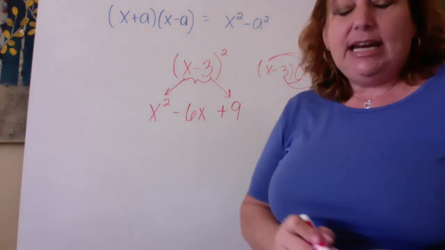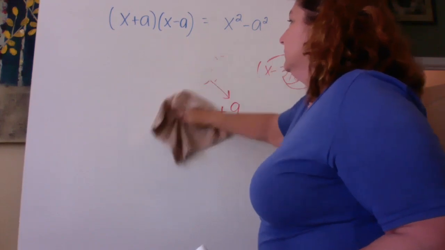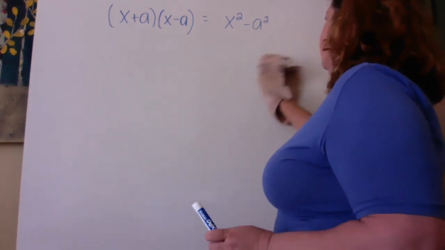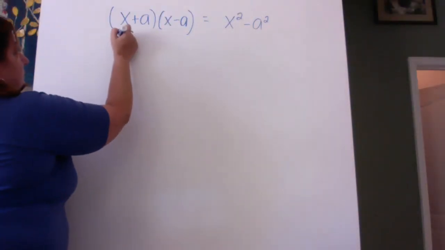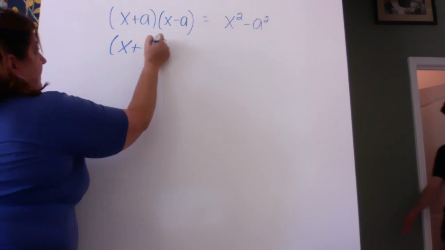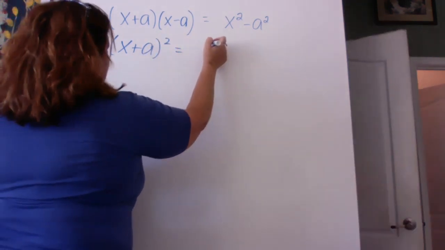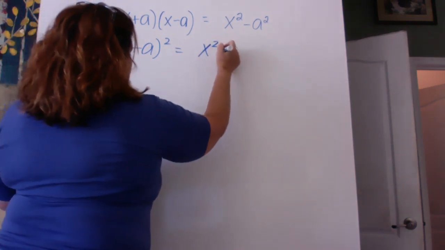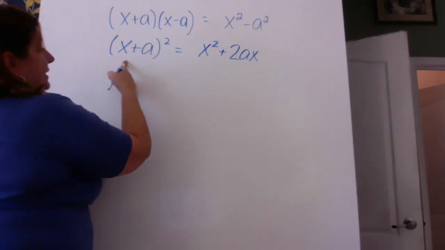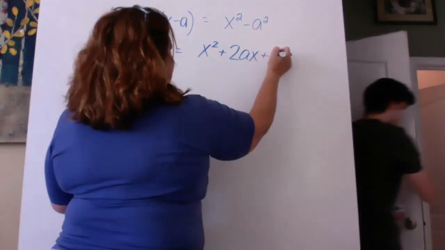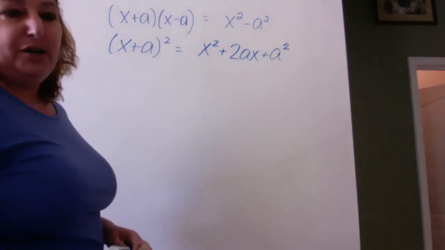Okay, so that's another special case we have, and it looks like this: x plus a squared is going to give me x squared plus 2ax, because I multiply a and the x and double it, plus a squared. So that's your game plan for that binomial.